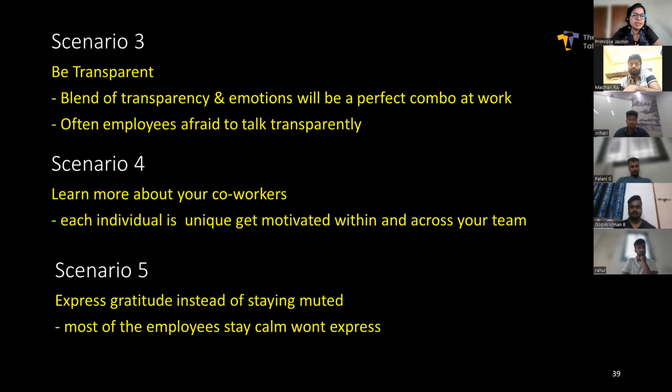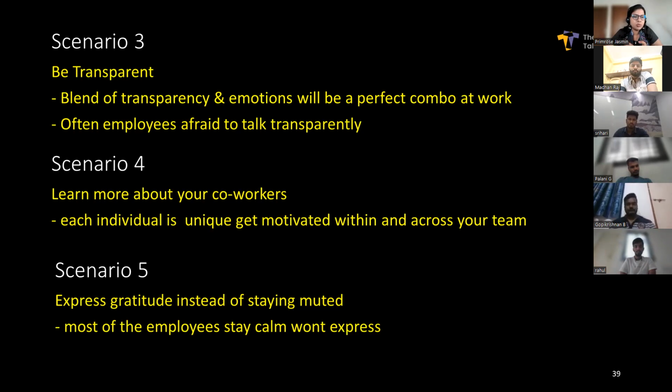Now the third scenario is being transparent. A blend of transparency and emotions will be a perfect combo at work. Often employees are afraid to talk transparently. What I mean by transparency here is I have something to say and I don't say it, either assuming that I will not be considered seriously, or assuming I will get myself into trouble, or assuming that the final decision is always taken by them, so why should I even say it?